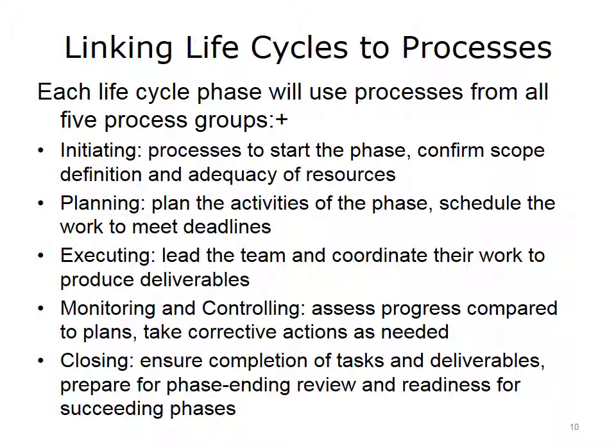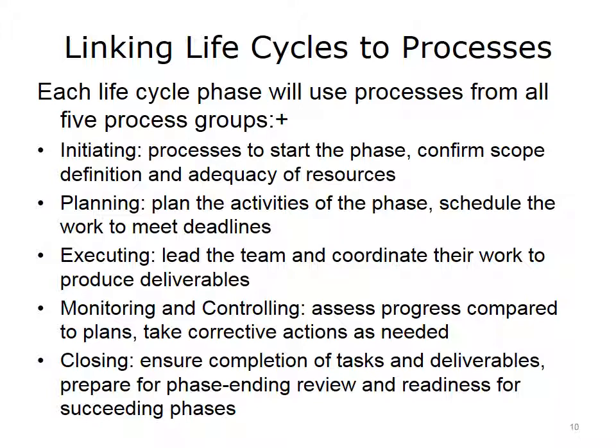We began this unit talking about project management elements, such as processes and knowledge areas, and then we transitioned to processes as raw materials, useful to you when you're building your life cycle model and throughout the life cycle. Now we want to turn back on that with respect to phases, and we point out that each life cycle phase will use processes from all 5 process groups.